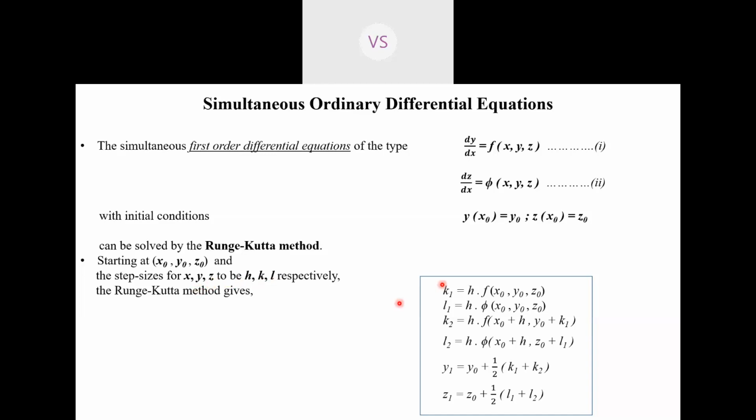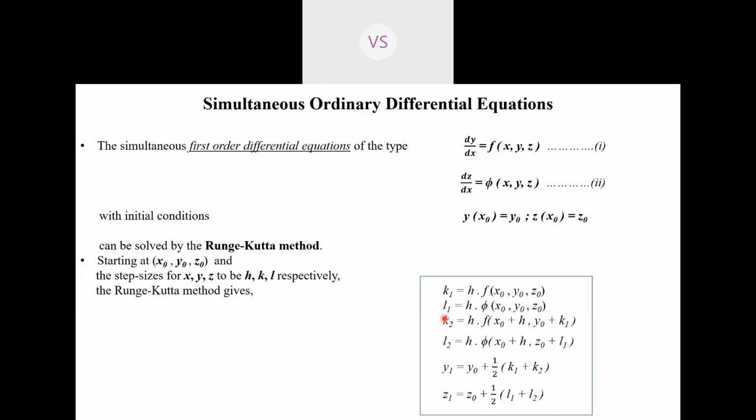So we know the formula for k1. K1 is given by h into f of x0, y0, z0. So whatever the function is over here, in that function we will replace x by the x0 value, y by the y0 value and z by the z0 value. Now as it is simultaneous ordinary differential equations, we will consider another variable over here, the L1 variable.